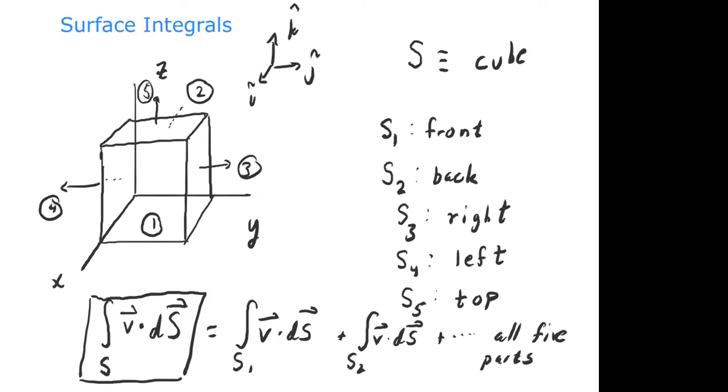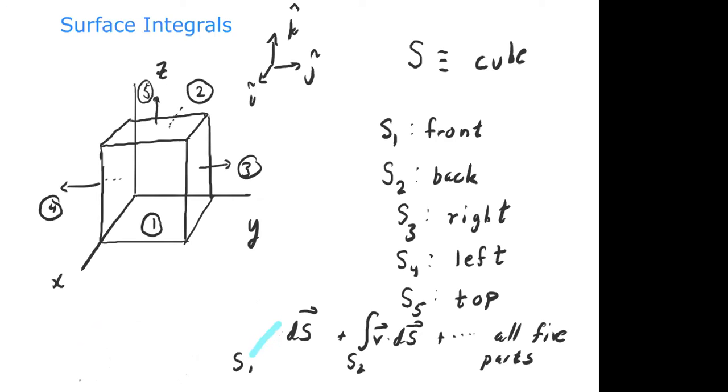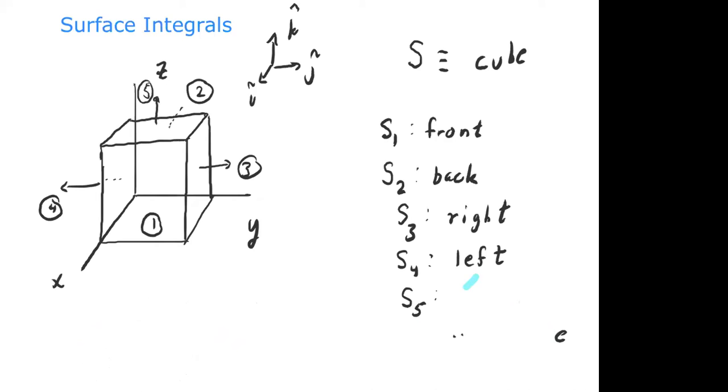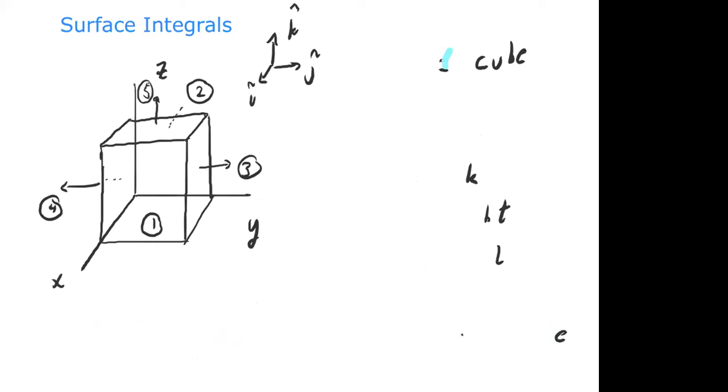So let's get started. The only way to see what a surface integral is, is in fact to do an example with it. So let us evaluate the surface integral of V dotted into dS over surface 1, where surface 1 is clearly there.